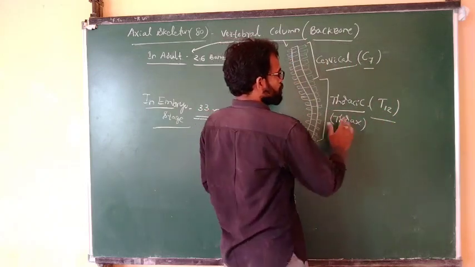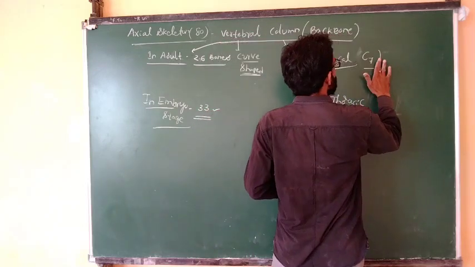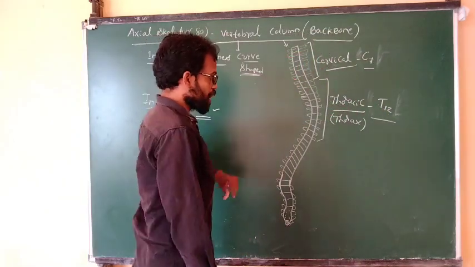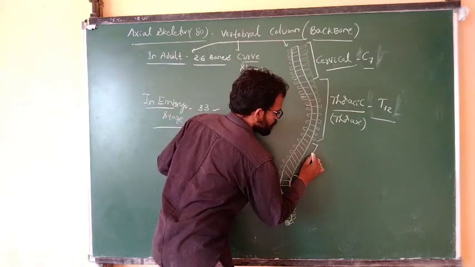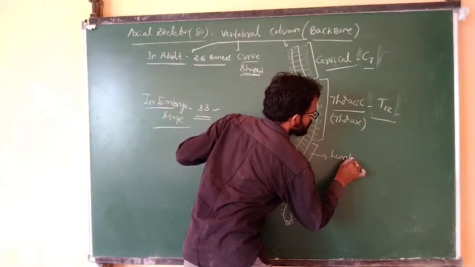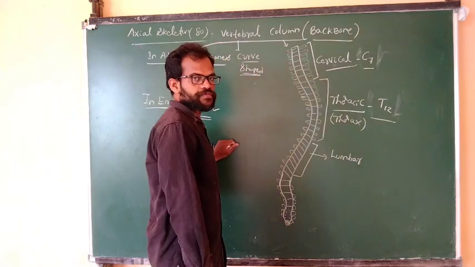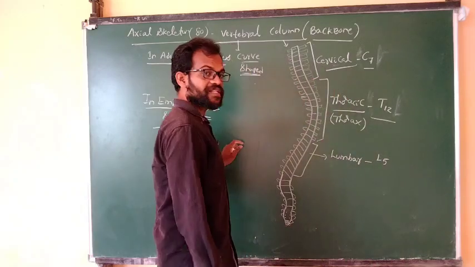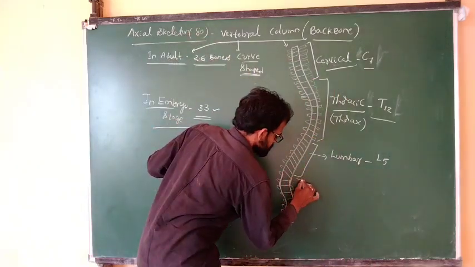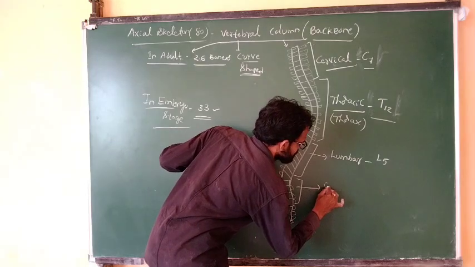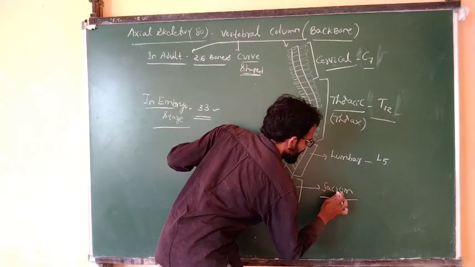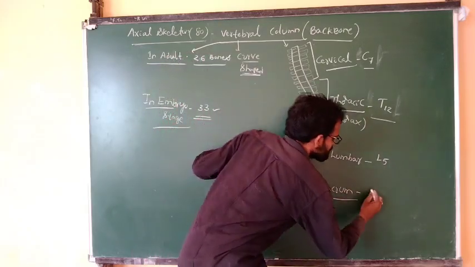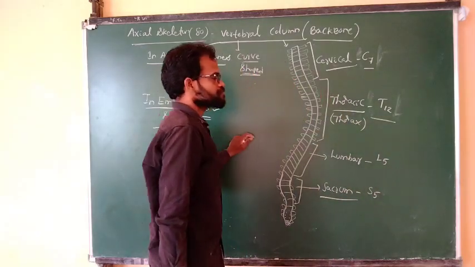Then lumbar, which consists of 5. Next, the sacrum. The sacrum consists of 5.